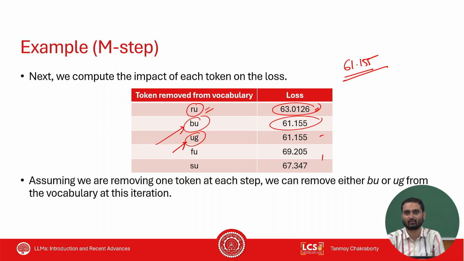For example, languages which are not at all present at training time, where the model is completely unaware of those languages. Let's say you don't have the compute resources to pre-train a model from scratch for a specific language. We can use these tokenization techniques to deal with low resource languages.